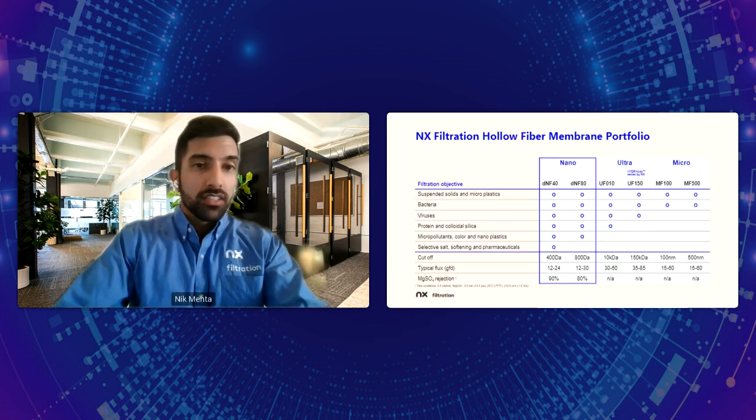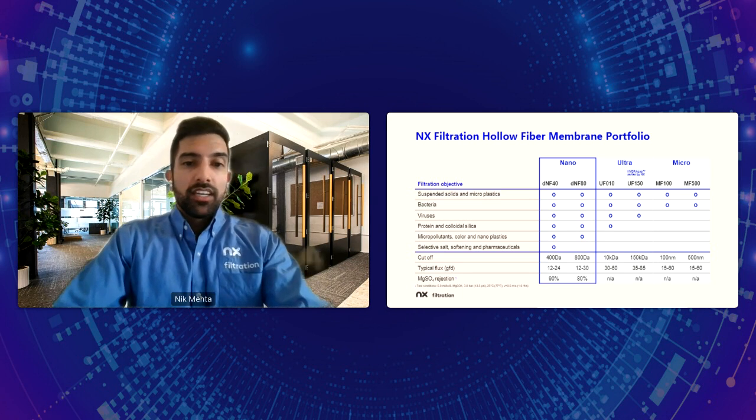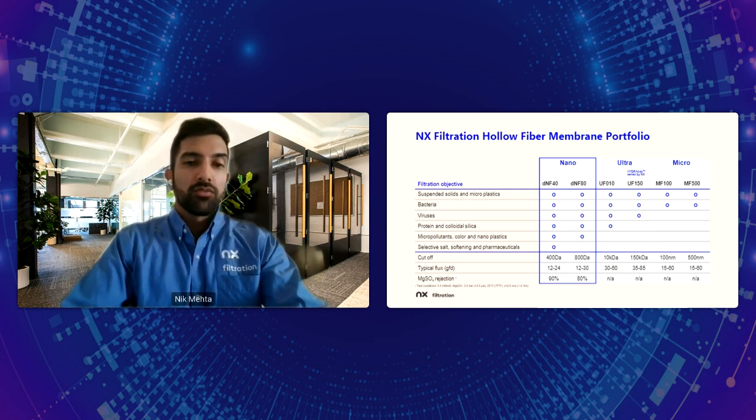So here we are. While NX Filtration manufactures a range of filtration membranes, nanofiltration, ultrafiltration, and microfiltration, really our flagship product, and the product that's the most beneficial in PFAS treatment, is our hollow fiber nanofiltration membranes, specifically the DNF40 and the DNF80.